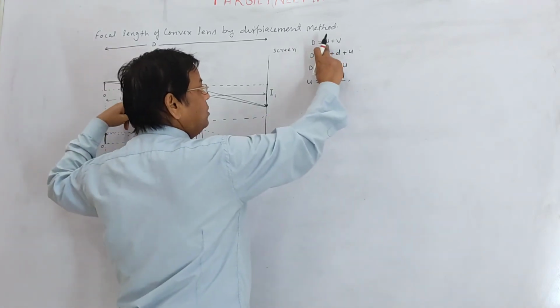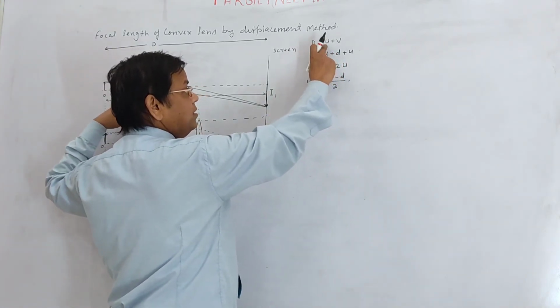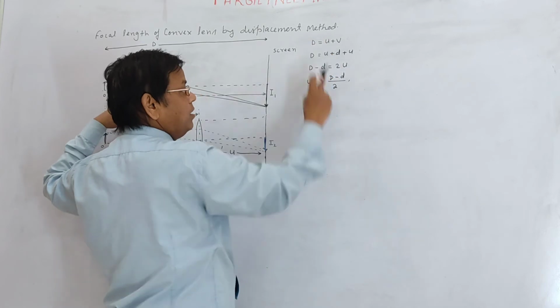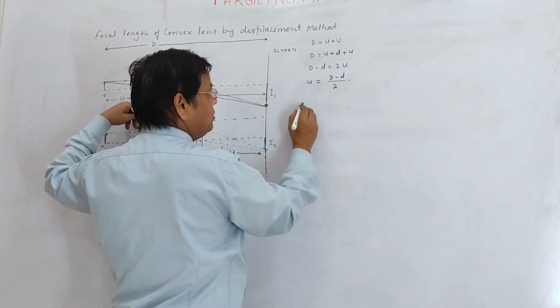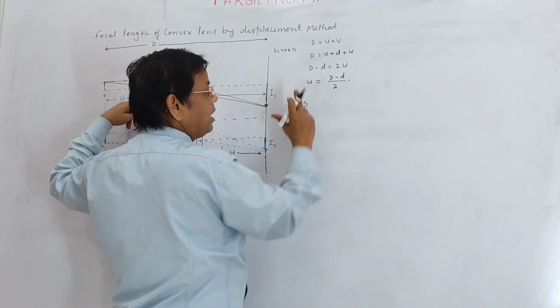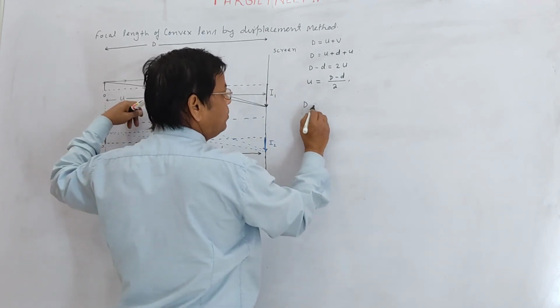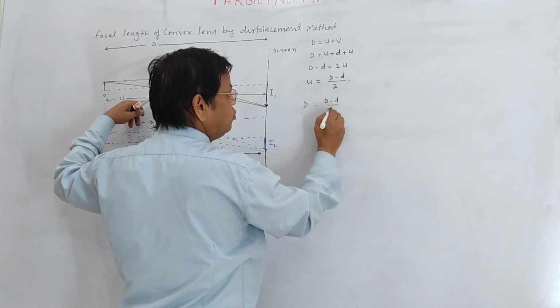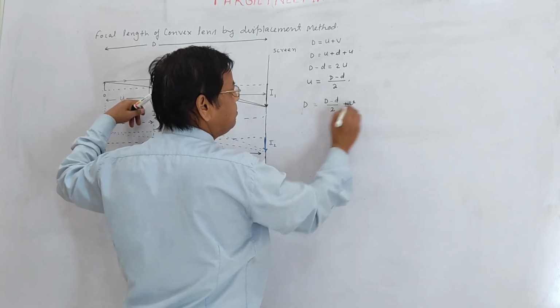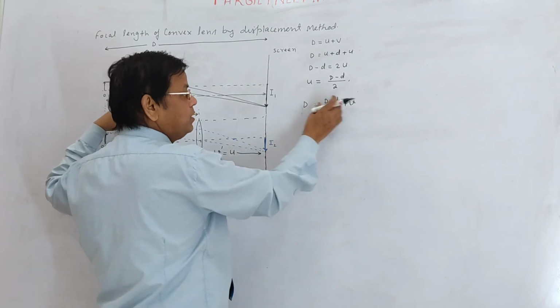Now if I replace this u by D minus d by 2, then I get v in terms of capital D and small d. See how? At place of u I am writing this D minus d by 2, plus d equals v.